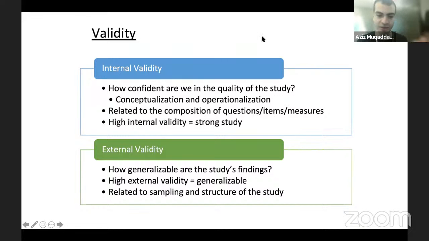External validity is something we talked about before. That's more related to the sampling. We said there's something called sample-to-population generalizability. So for instance, I poll college students about their intention to take the vaccine.